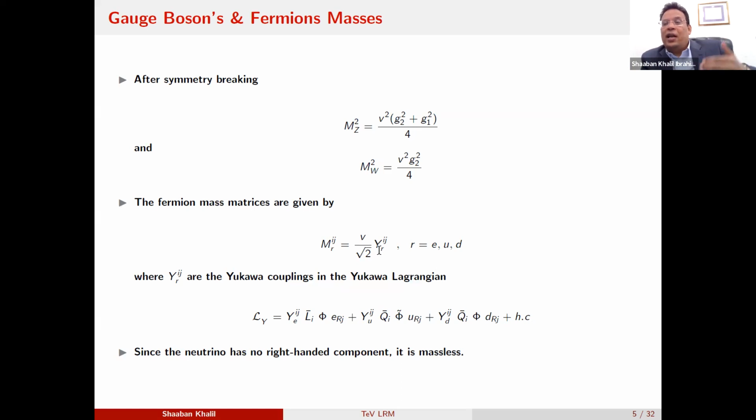So we understand now that the interaction vertices, either gauge couplings or Yukawa couplings, make the difference between different masses. Unfortunately, the Yukawa is not determined or fixed like the gauge coupling. For that reason, we don't have predictions for the fermion masses as we did with the gauge coupling.